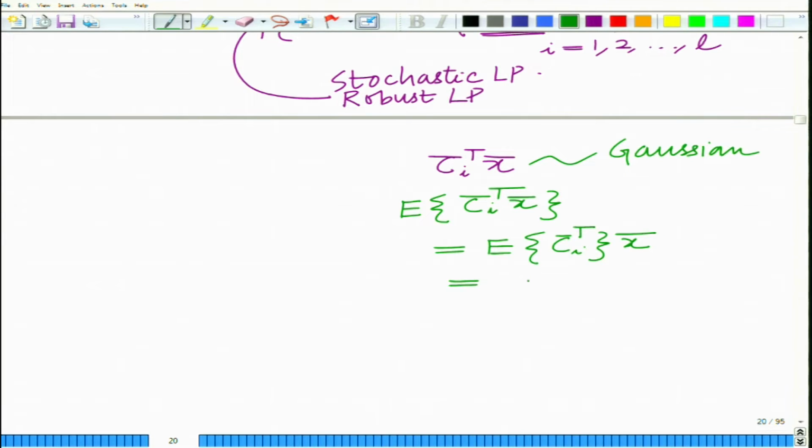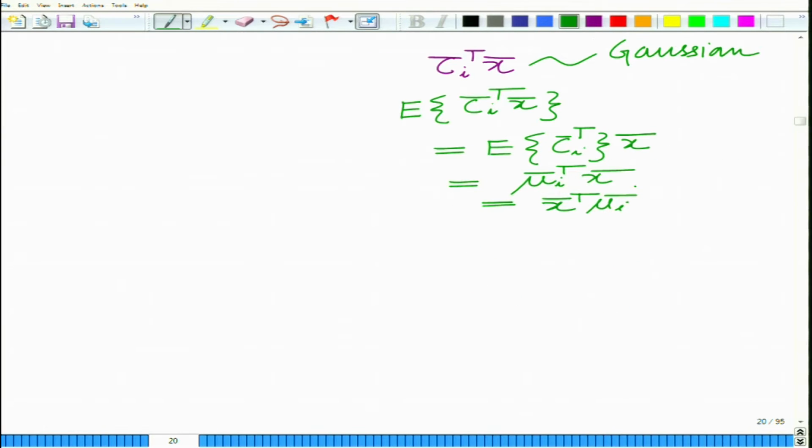The expected value of C bar I is mu bar I, so this is mu bar I transpose x bar, which is equal to x bar transpose mu bar I. So this is the mean.